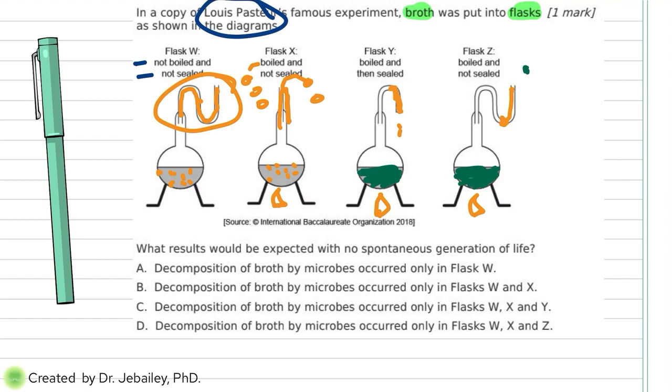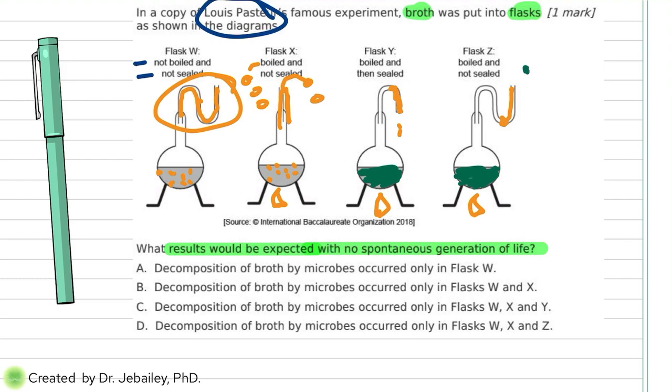It says here, what results would you expect with no spontaneous generation of life? Now, students will say, what do you mean no spontaneous? That means in which of these flasks would you expect to not have a spontaneous generation of life? That means it doesn't show up out of nowhere.